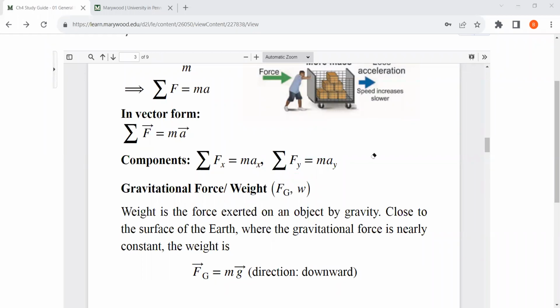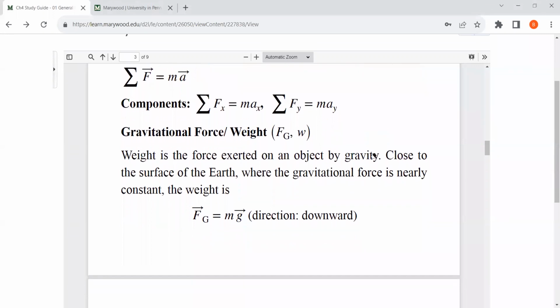All right, now let's try to understand the gravitational force, or the weight. For the gravitational force, we use the symbol F subscript G to represent that it is a gravitational force, or W. Both are the same thing.